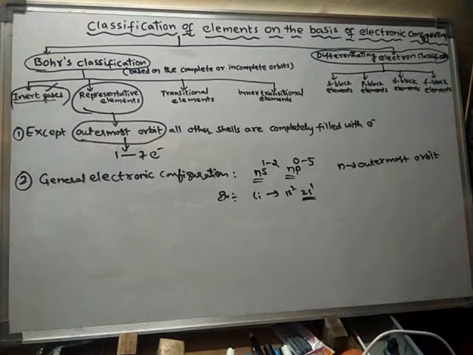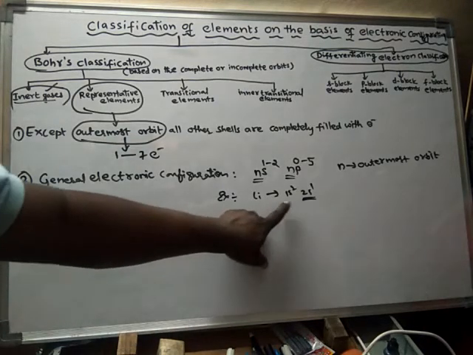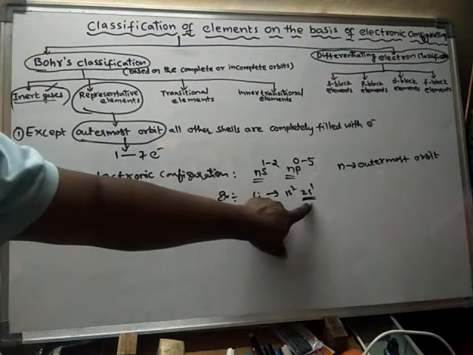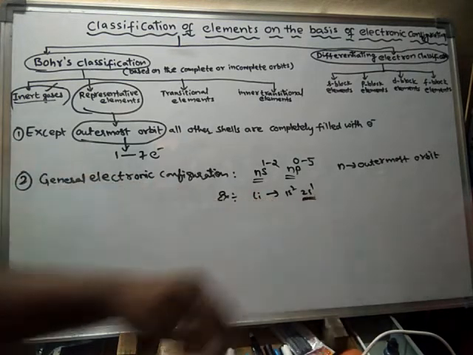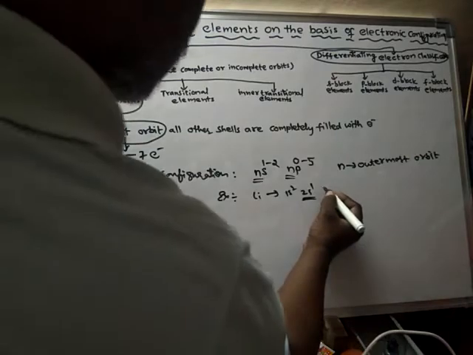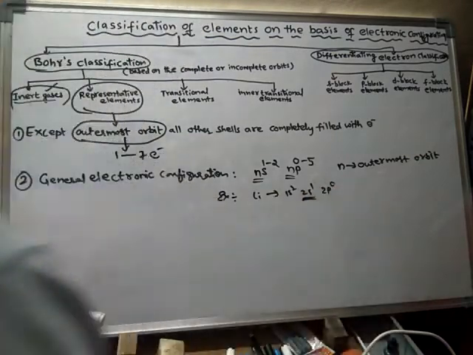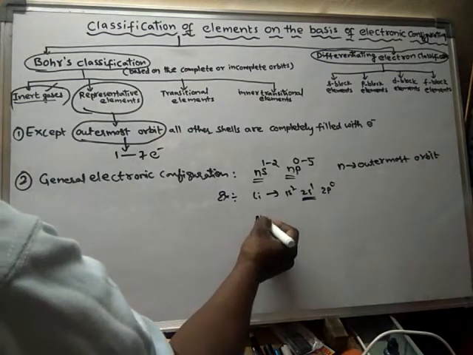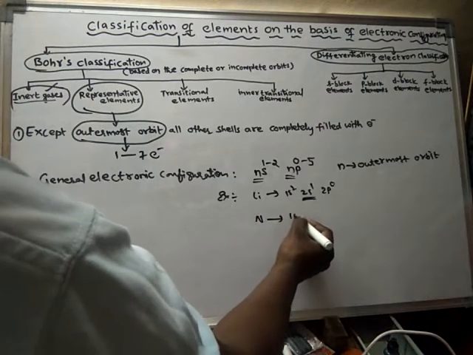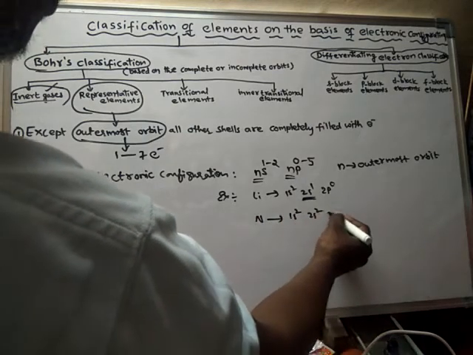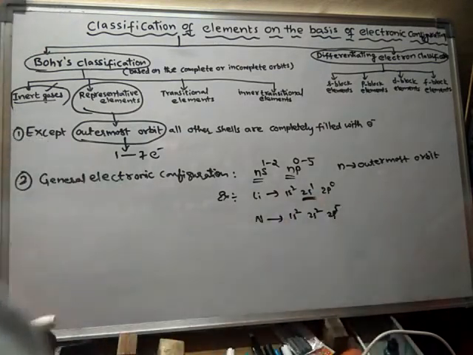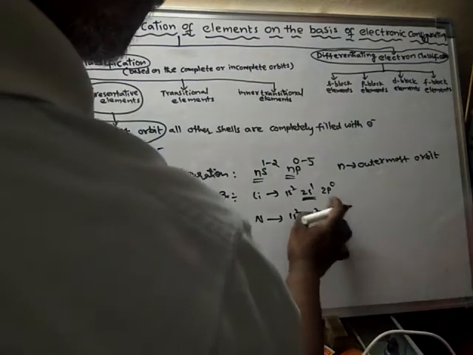Hence, we will consider only the electrons present in the outermost orbit. Now in lithium, this is the inner orbit, first orbit and second orbit. This is the outermost orbit. It has only 1 electron in s, and there is no electron in p: 2p0. Suppose you take nitrogen, it contains 1s2, 2s2, 2p5. Sorry, 2p3.